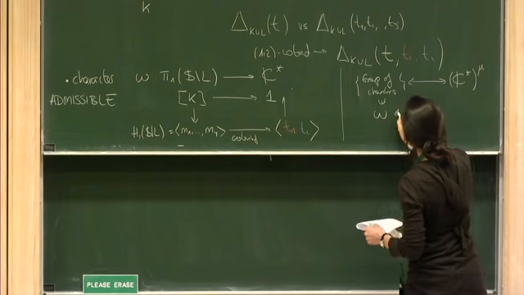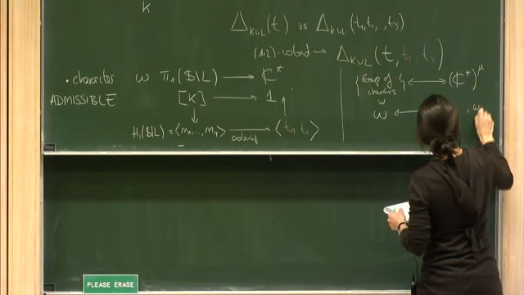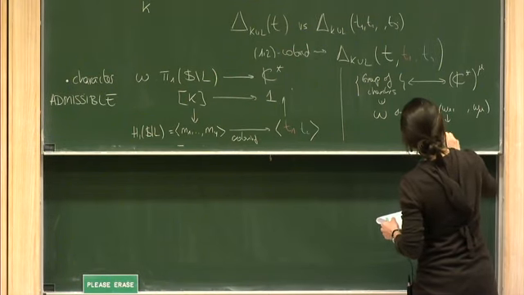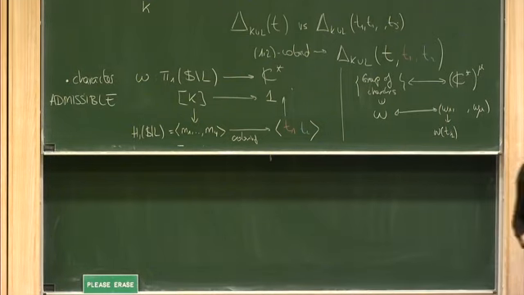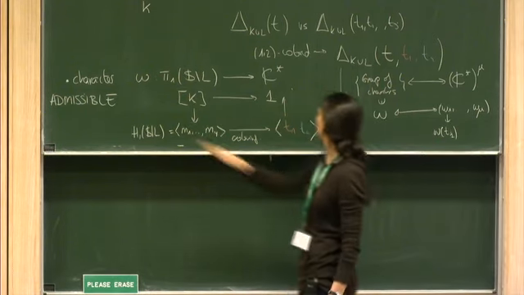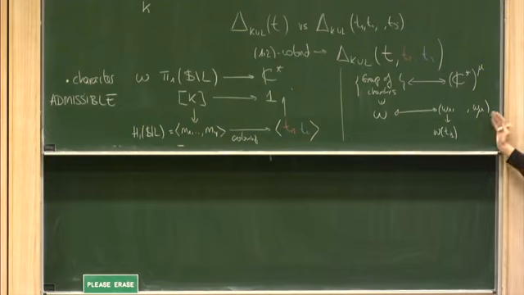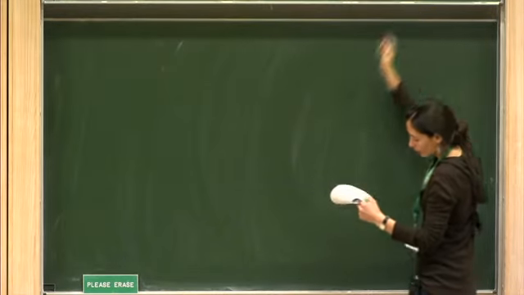I associate to omega this omega 1 to omega mu, where each is just the image of T_i. So whenever I work with the character, instead of working with omega, I'm going to work with a mu-tuple of elements in C, which will be very, very concrete for what we are going to do.